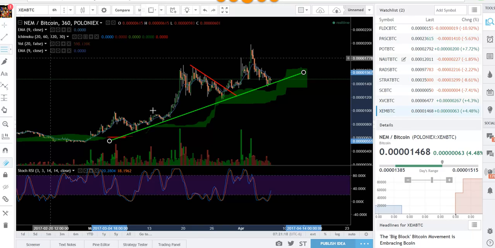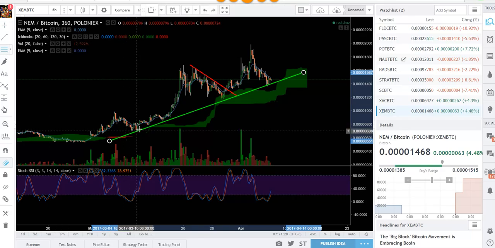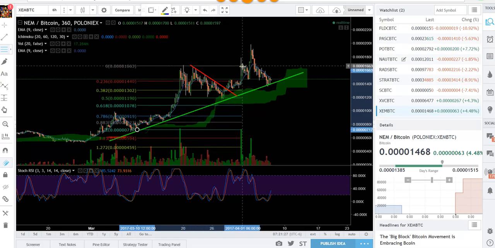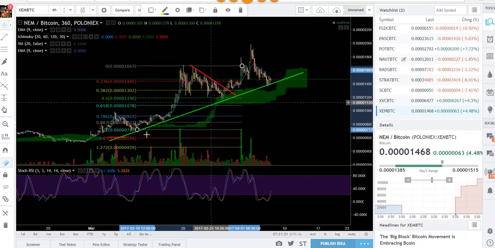Then we maybe do some other ideas on it and say, well, this actual wave started here and went to here. So the 50% retracement point of this wave is right there at the cloud, at the rising support line, on the 6 hour chart here.